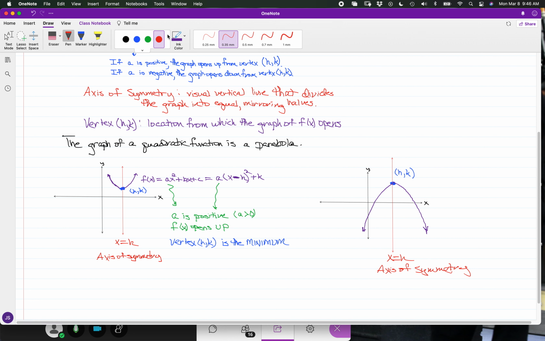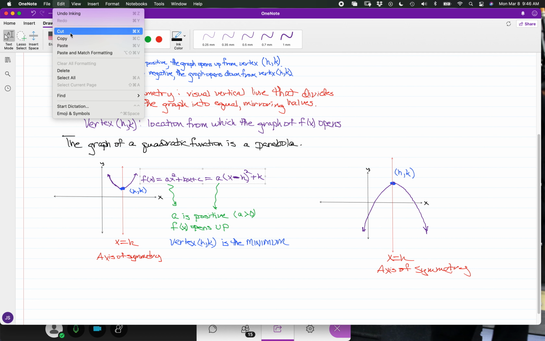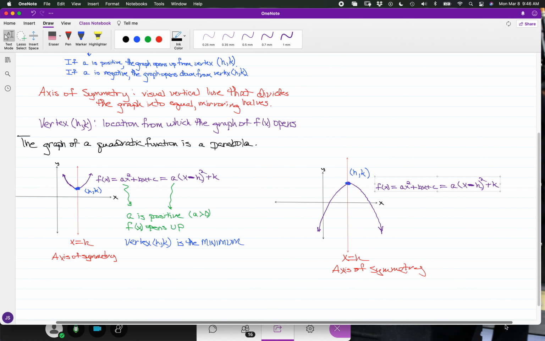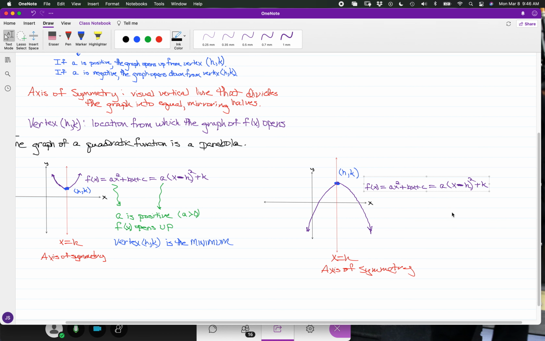And once again, we have our function, f of x equal to ax squared plus bx plus c, which is equal to a times the quantity of x minus h squared, followed by k.